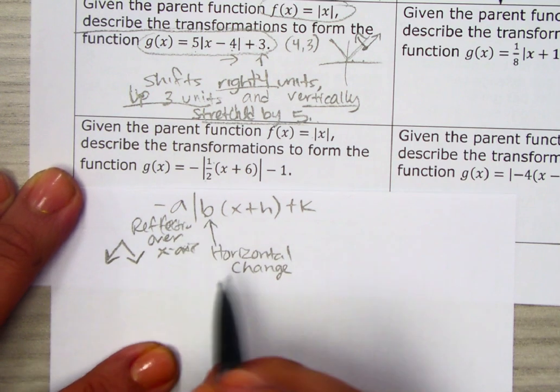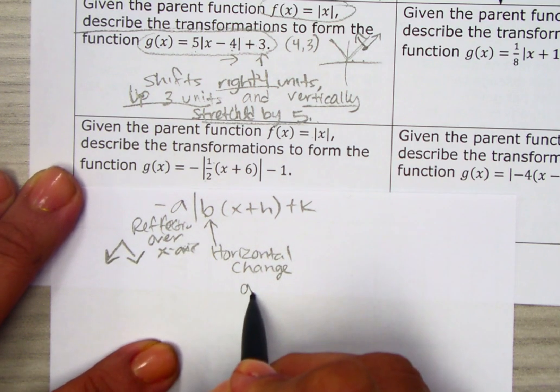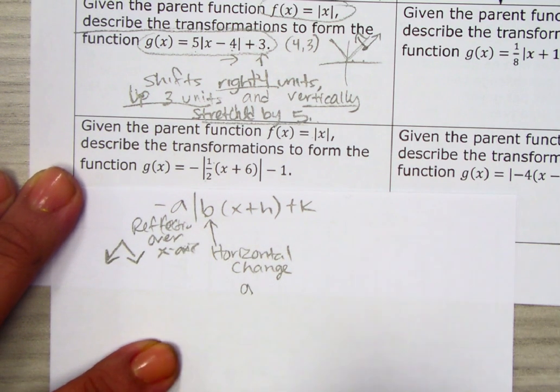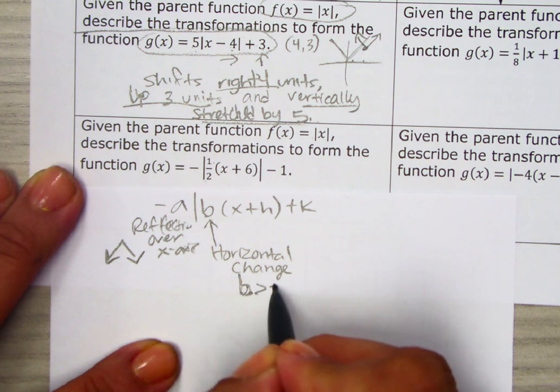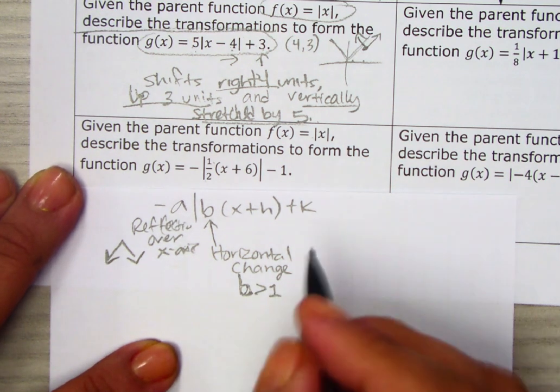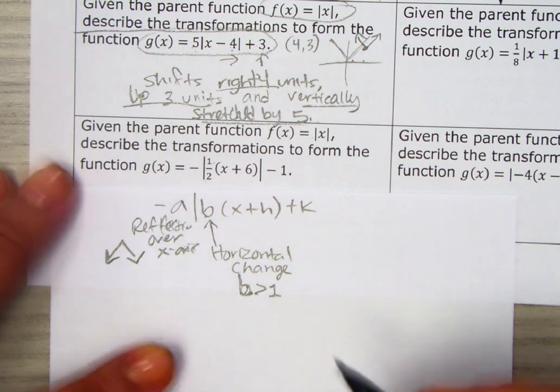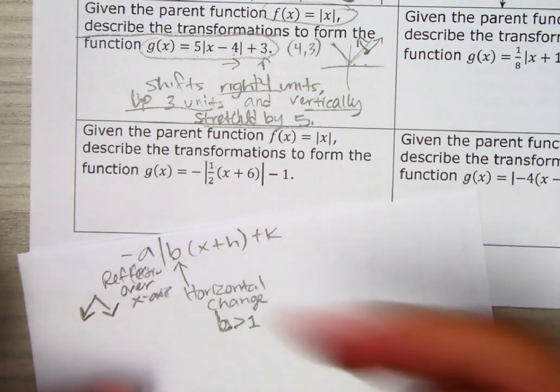Following the same example as a, if a was greater than 1, it became thinner. Same thing with b. If b is greater than 1, it becomes thinner. So we can say that it is a compression because we're making it thinner.